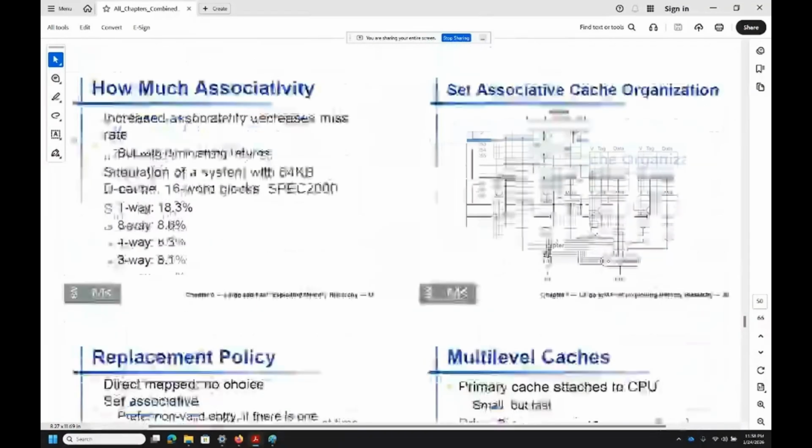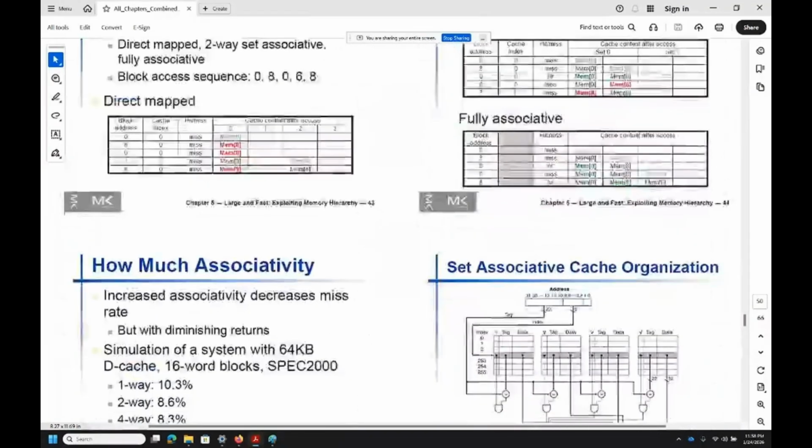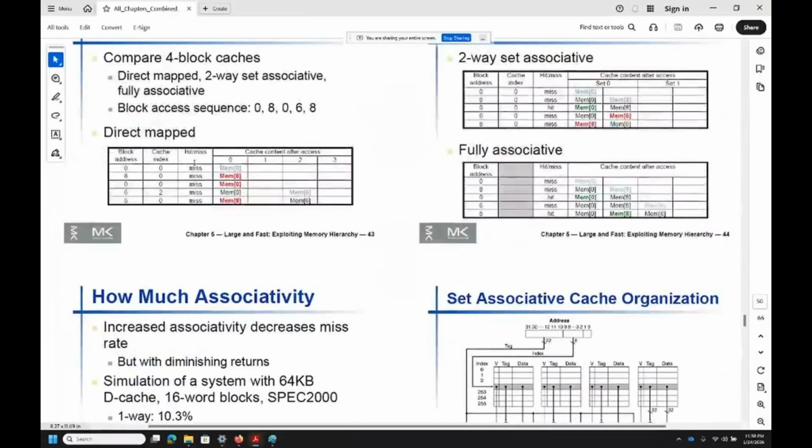So it's more forgiving. And with fully associative, the advantage is that even if you store 0, 8, 16, 32, all numbers which are modulo 0, you can just store them at different locations. So fully associative is nice because you can store any data anywhere, but the penalty is that it's expensive to construct.